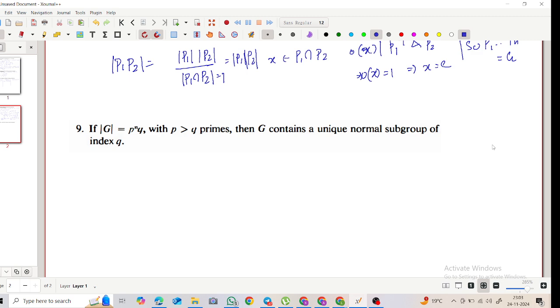Yeah, Shubhrita, what you have done is correct. Okay, try this for 2-3 minutes.